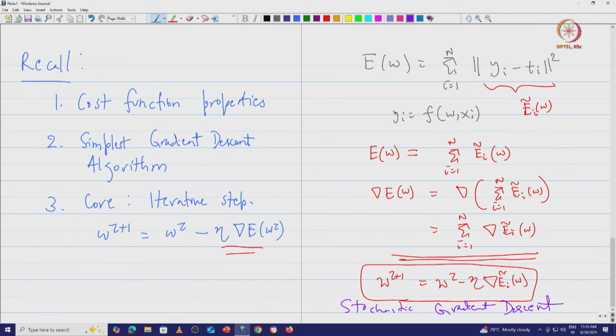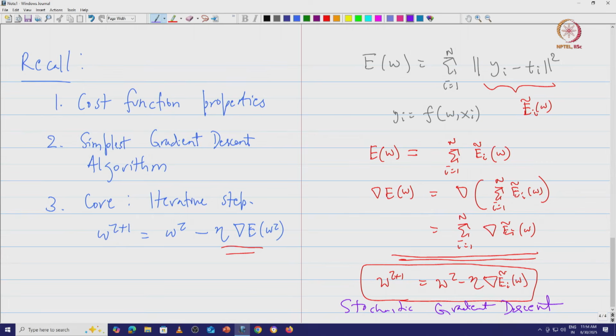That is one reason. And the second reason is again interesting, which is the introduction of stochasticity here. Now I will connect this with what we just discussed before. We said that we would randomly initialize the starting points of the simplest gradient descent algorithm, perform it starting from each one of those random points, arrive at many of the minima, and then find the one that minimizes the cost function the most.